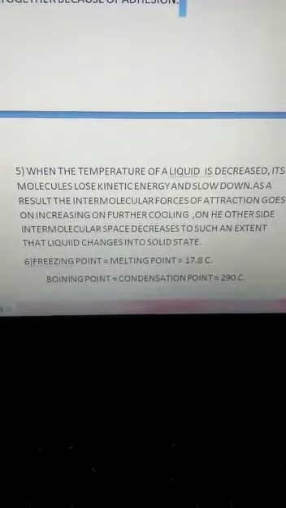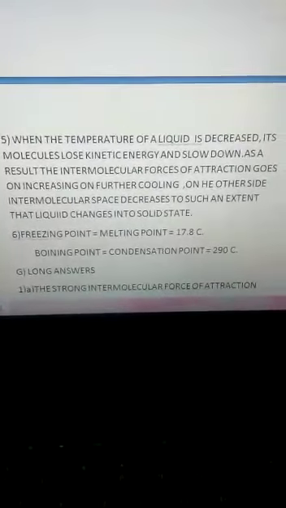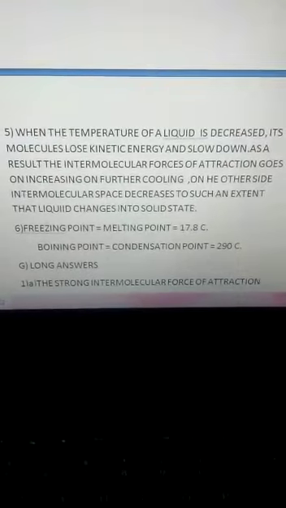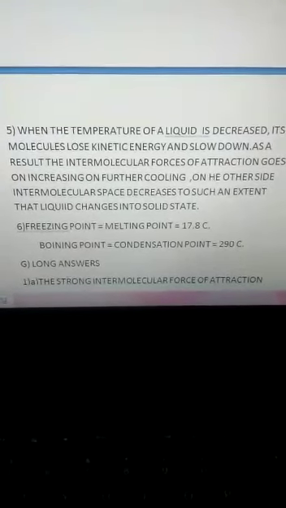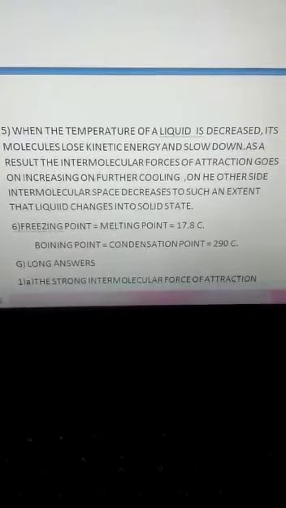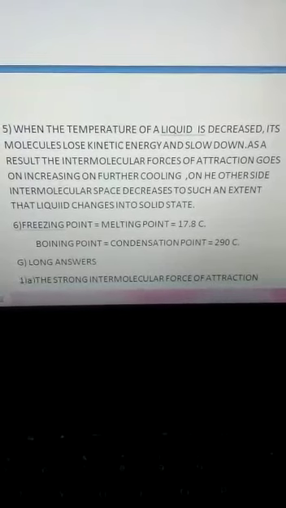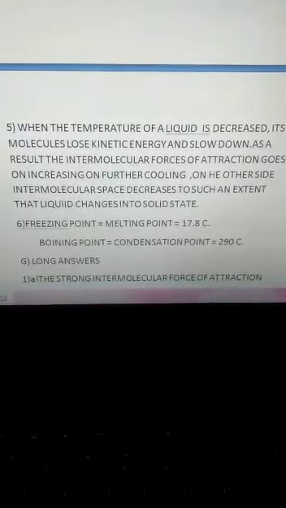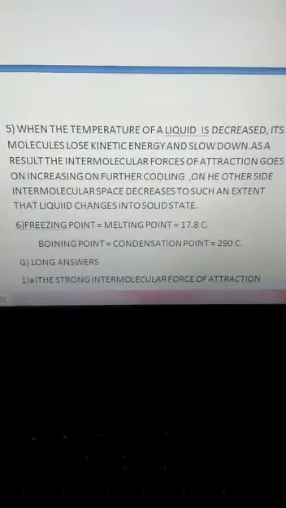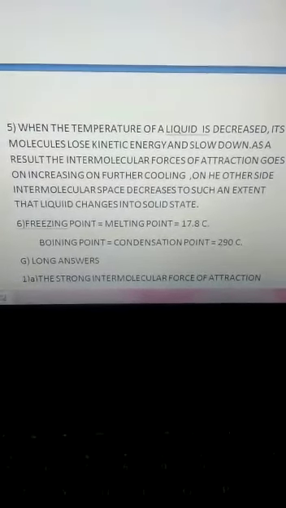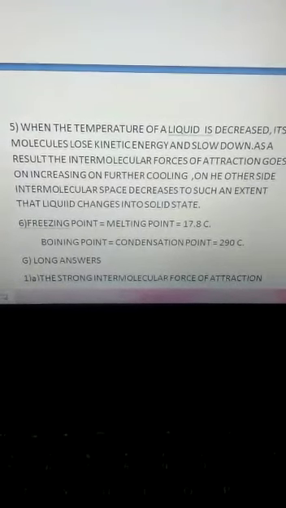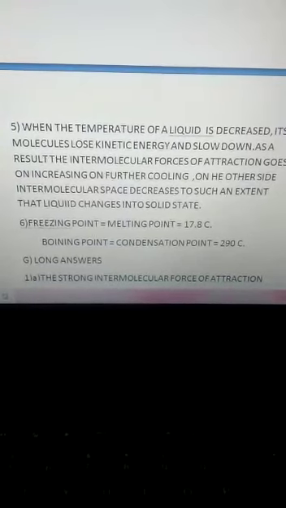Explain the process of freezing using kinetic theory of matter. When the temperature of liquid is decreased, its molecules lose kinetic energy and slow down. As a result, the intermolecular forces of attraction go on increasing on further cooling. On the other side, intermolecular space decreases to such an extent that liquid changes into solid state.